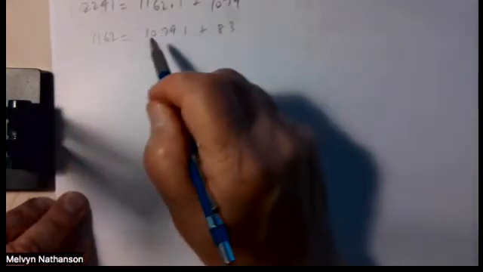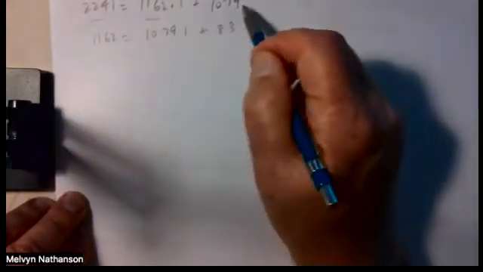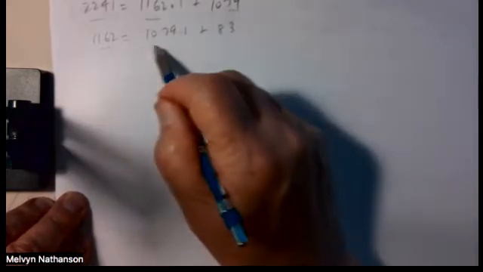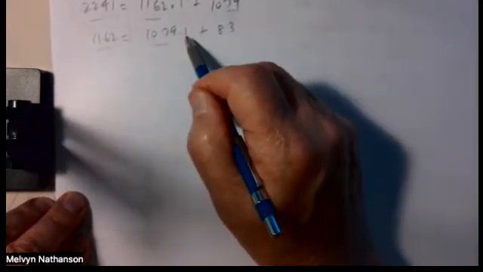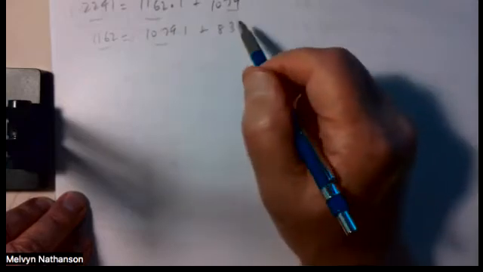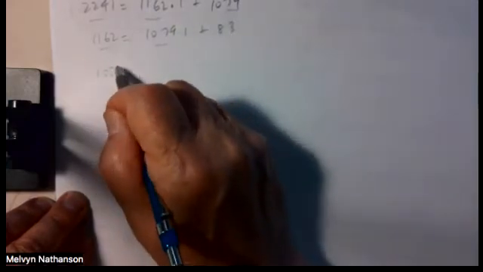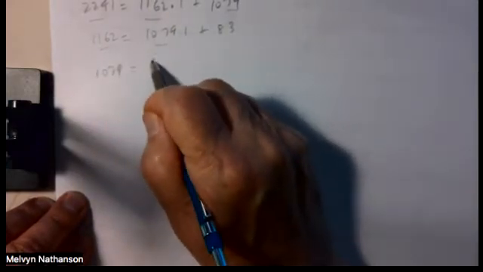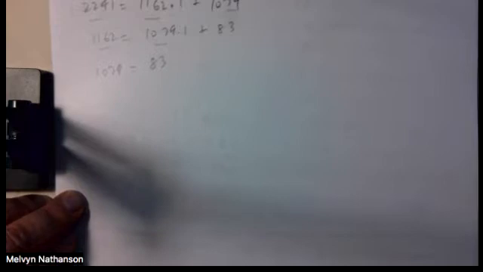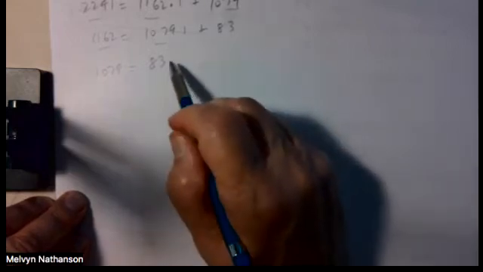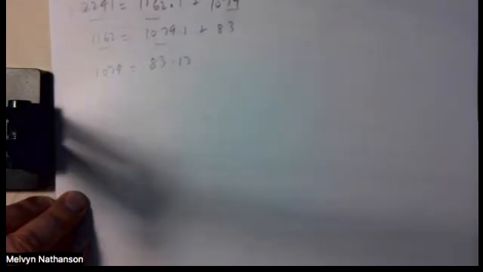And so I take this, and I get this remainder. And this divided by this goes in one time and leaves a remainder of 83. If I take 1079 and divide it by 83, looks like I get 13.